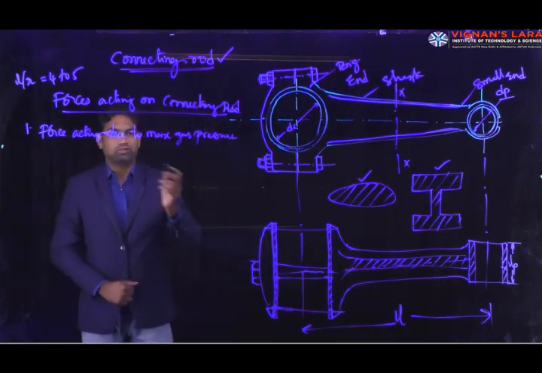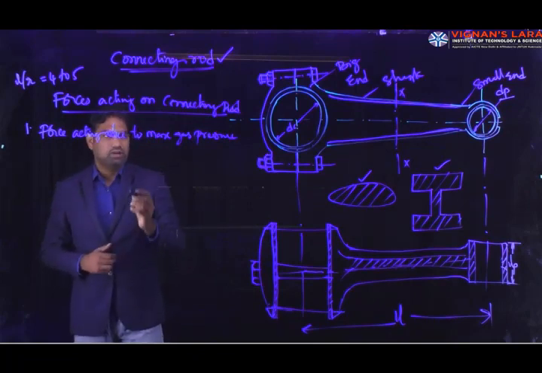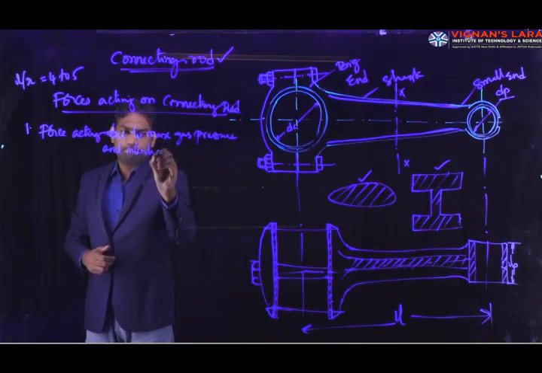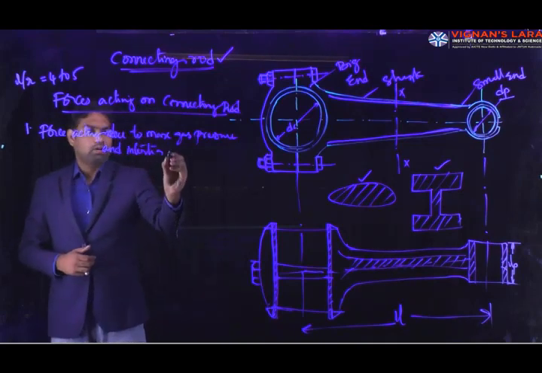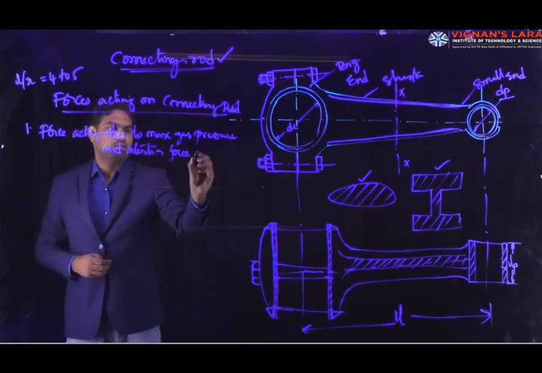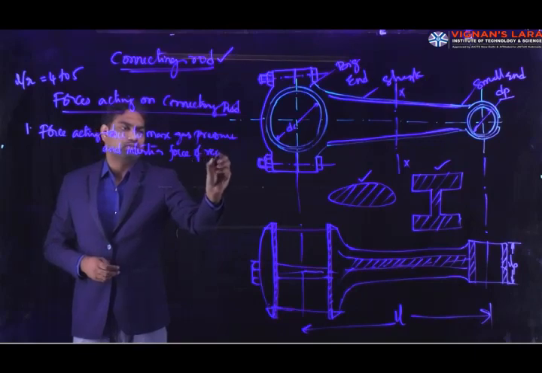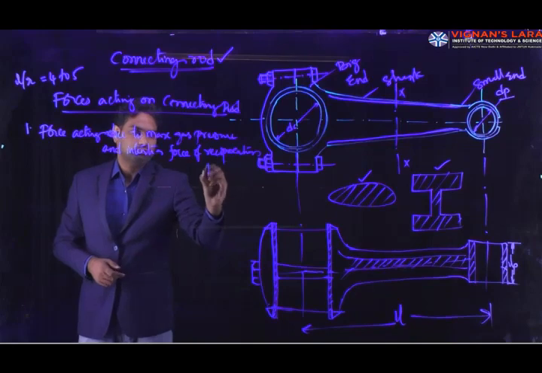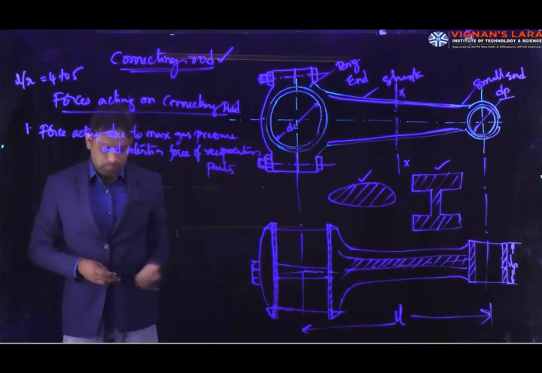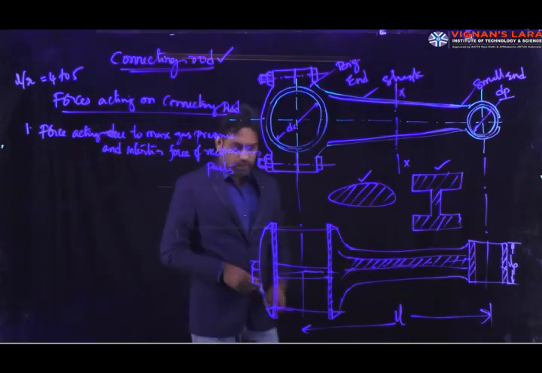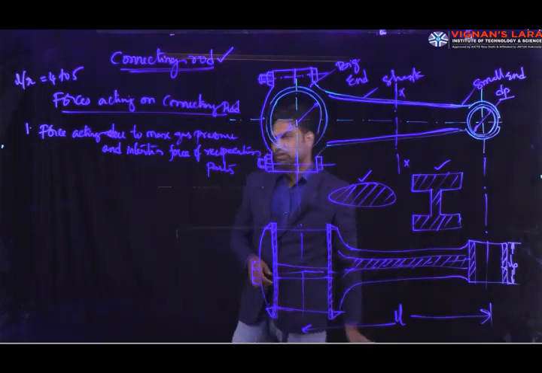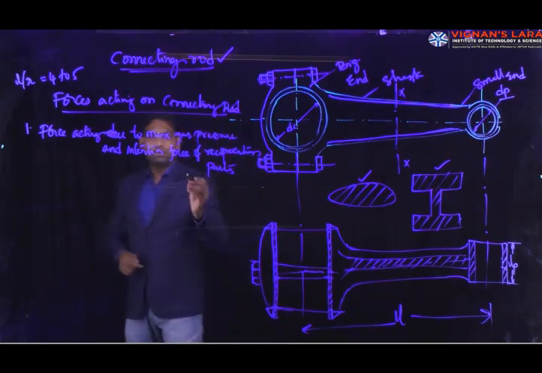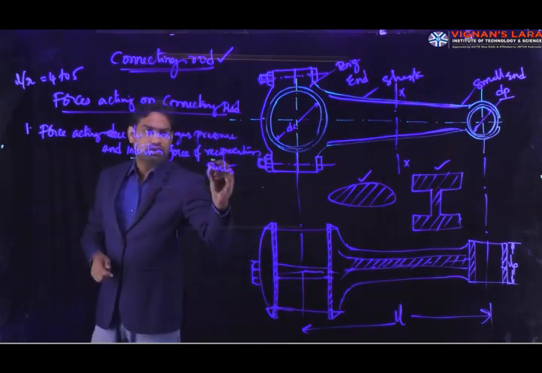That is the force acting due to the maximum gas pressure, and the inertia force of reciprocating parts. So these are the main forces acting on the connecting rod, that is a force due to the combustion process, and the inertia force due to the reciprocating parts.